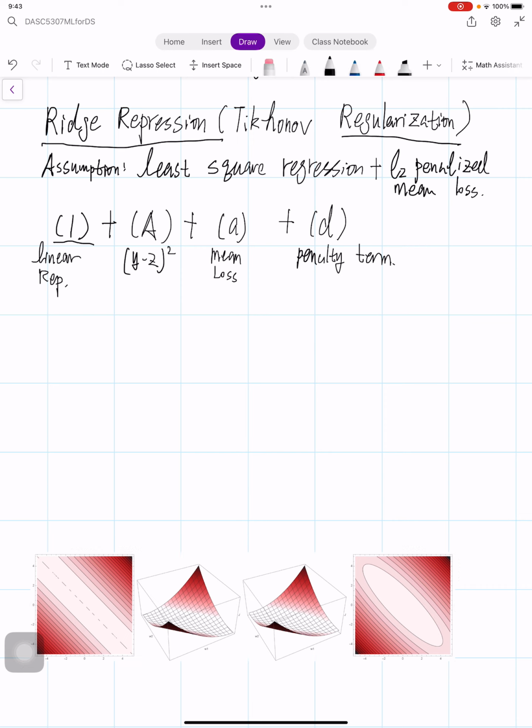So the question is, why do we add this penalty term? Add a regularization term.